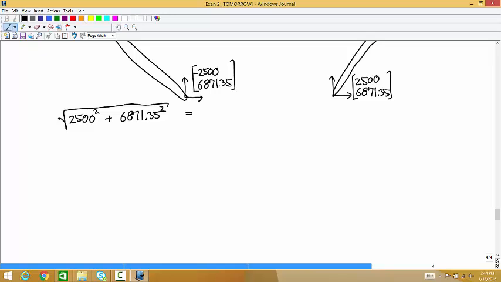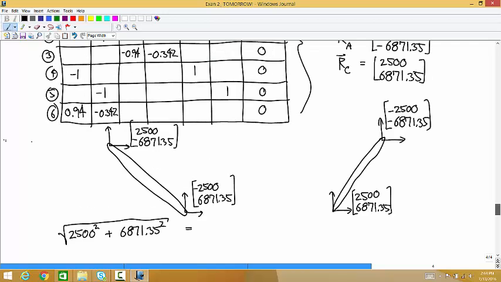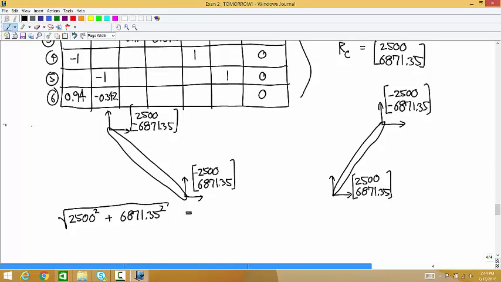How do you know it's compression and not tension? You can tell by the directions of those components. Up here, it's being pushed this way and this way. So that's a vector pointing straight that direction. This is opposite, so it's like that. Same thing over here. This one is going exactly that way, so it's compression.